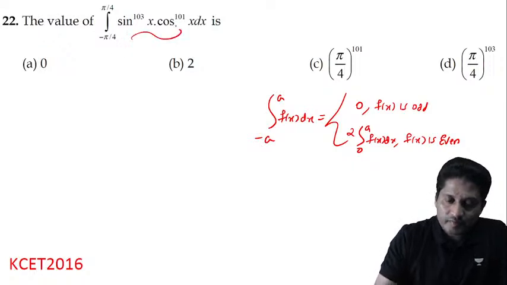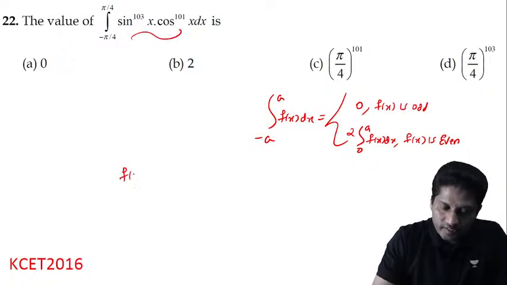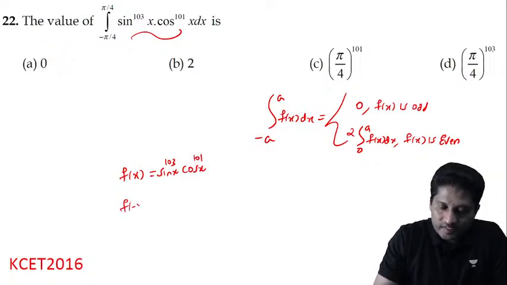Minus pi by 4 to plus pi by 4. Value f(x) is equal to sin x to the power of 103 cos x to the power of 101. F of minus x is equal to sin of minus x whole power 103 cos of minus x whole power 101.